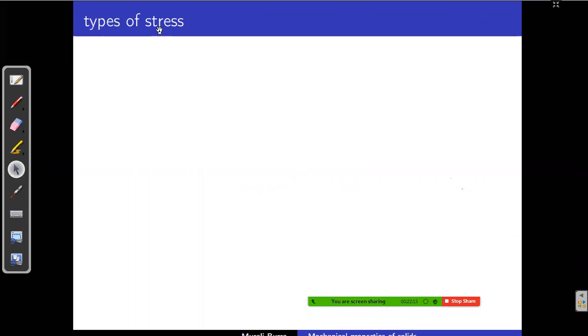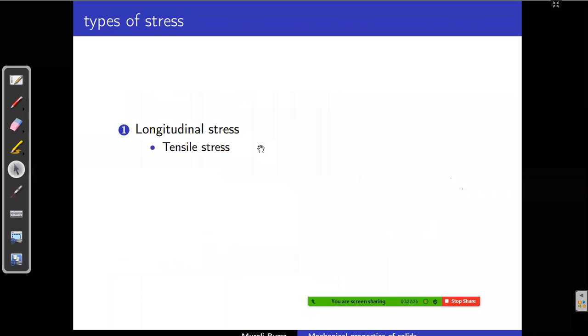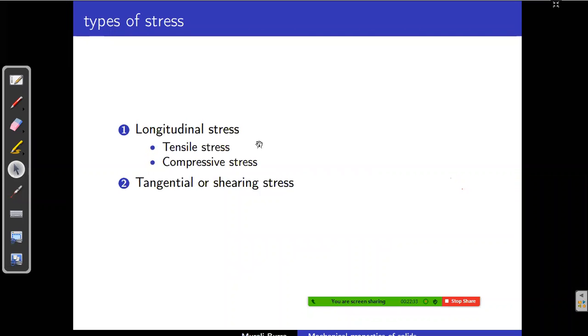Next, types of stress, if we see. What are the different types of stress? We have three types of stress. Okay, longitudinal stress. In that longitudinal stress, in detail, if you want to see, tensile stress and compressive stress will be there. Both are part of longitudinal stress. Next one is tangential or shearing stress. Keep this in mind.